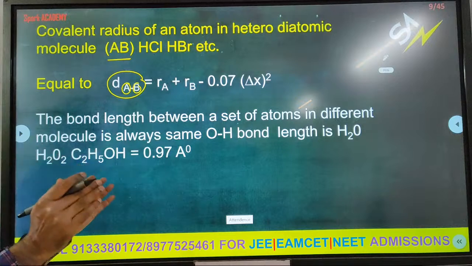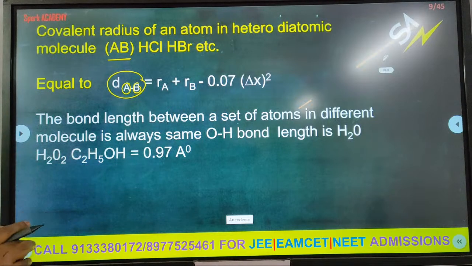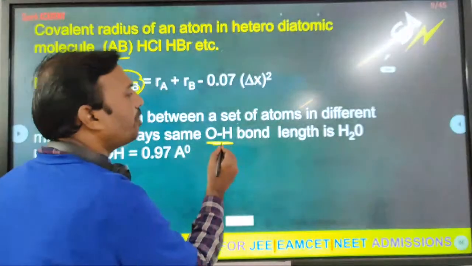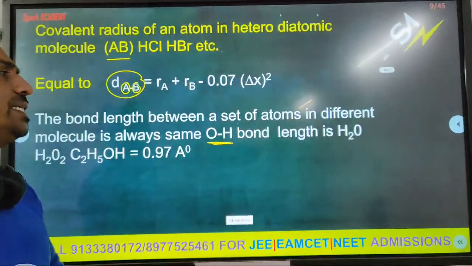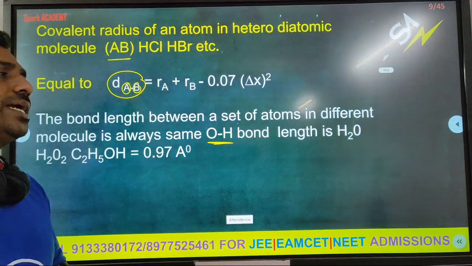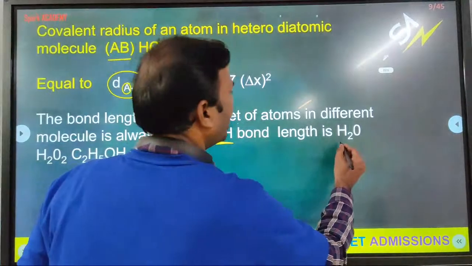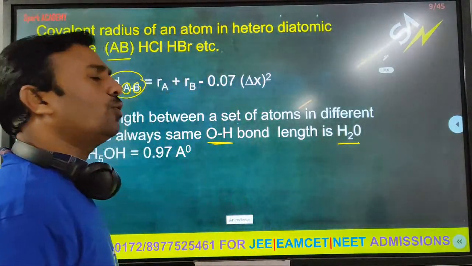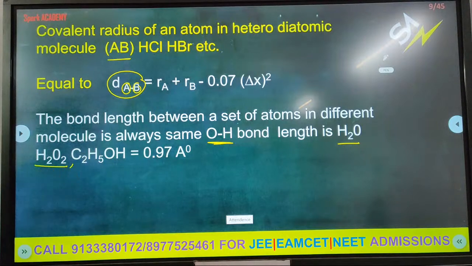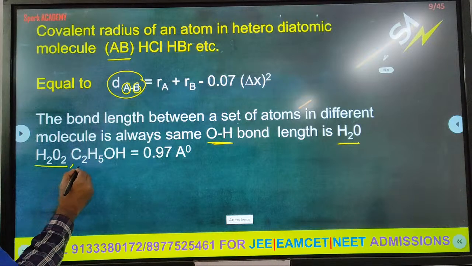The bond length between a set of atoms in different molecules is always the same. For example, here is the OH bond, between oxygen and hydrogen. This bond is present in the water molecule, in hydrogen peroxide H2O2, and in C2H5OH.